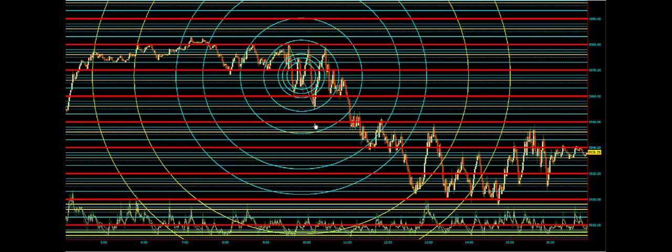Okay, then what happens? This is where I was saying, intraday, we like to curve fit a few things to find the right pivot which is touching the circle. Market came down, it hit the circle, went up, hit the same circle on the other side, came down, hit this same circle.